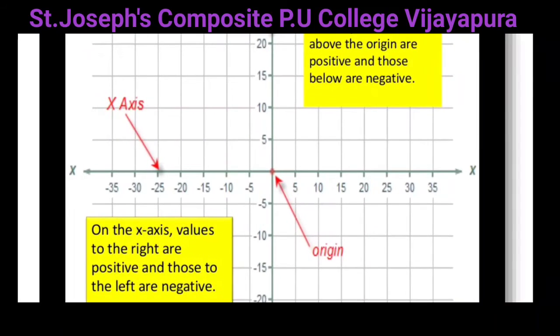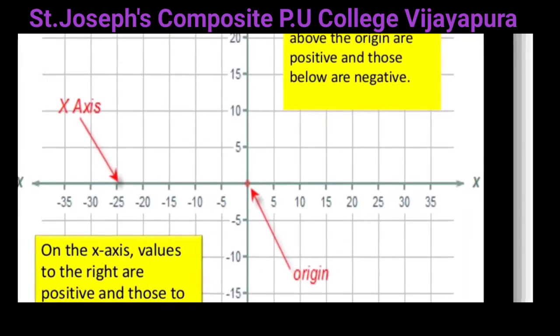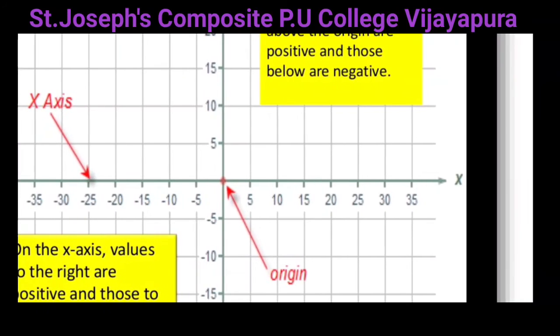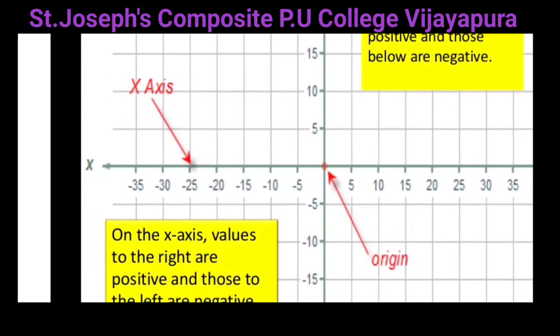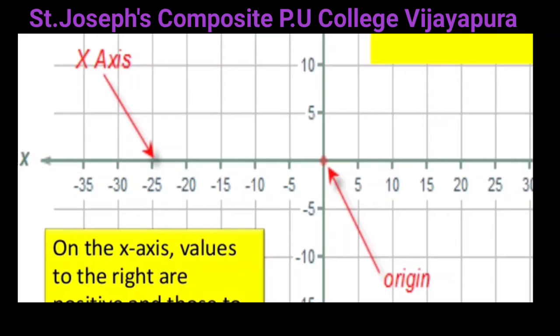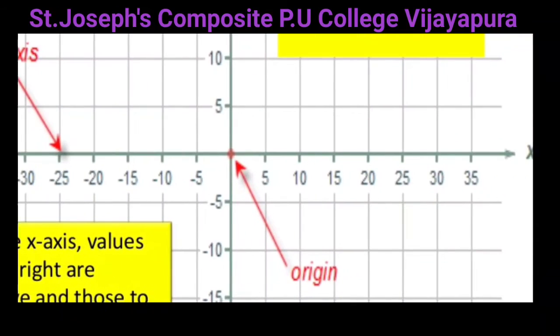So the horizontal line towards the right of the origin is called the positive x-axis. In a similar way, the horizontal line towards the left of the origin is the negative x-axis. The values are also negative: -5, -10, -15. So this is the negative x-axis, and this is the positive x-axis.